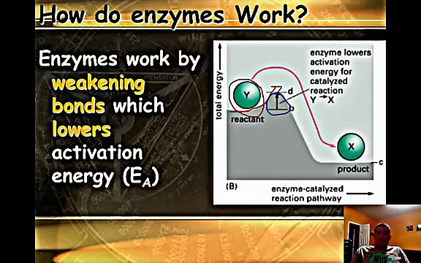It doesn't change where you're going or how you got there, and it doesn't change the outcome of the reaction. So you can reuse it, it doesn't change the reaction, and it gets you there faster because it takes less energy or money, which gas is $3.70 a gallon right now. So it's going to save you a lot of money by taking the tollway. So the tollway is going to be your enzyme to get to IKEA.